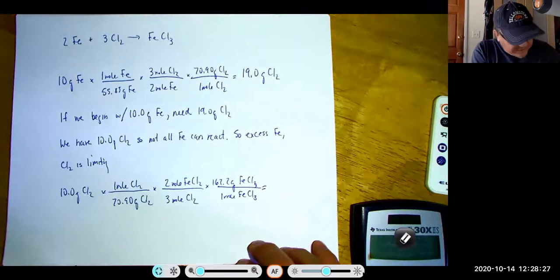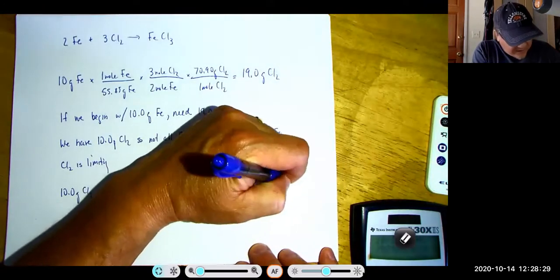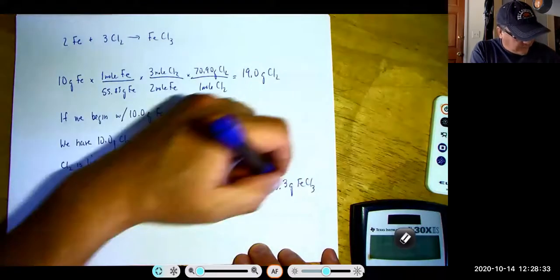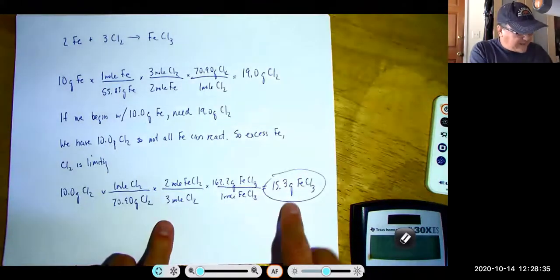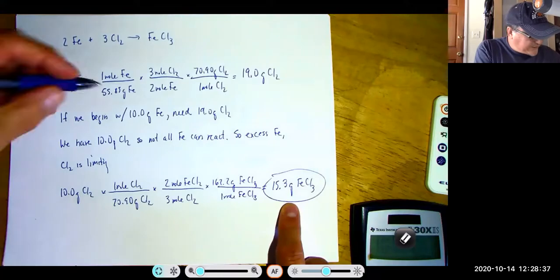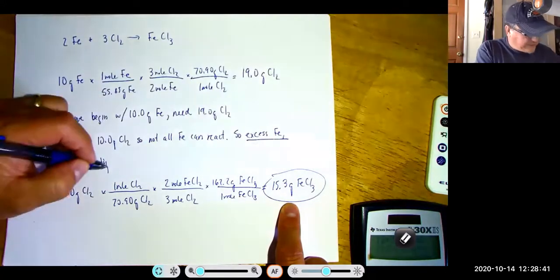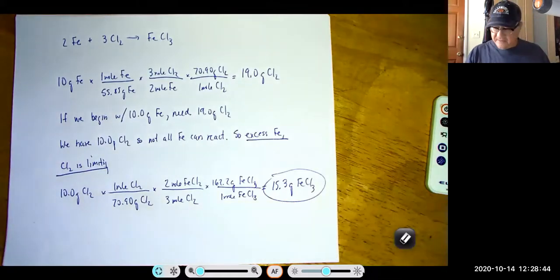And we end up getting 15.3 grams of iron 3 chloride. So that's how much we're going to make. And this is excess, and this is limiting. Are you with me? Yep.